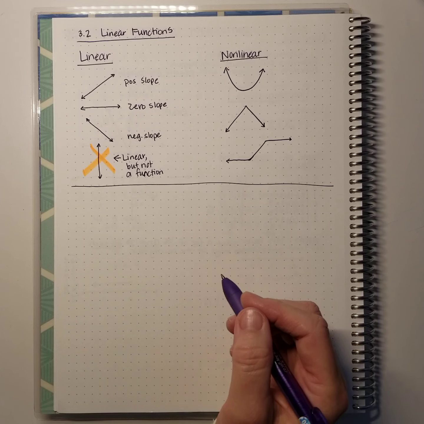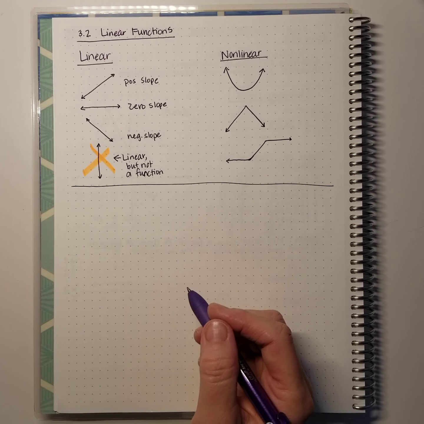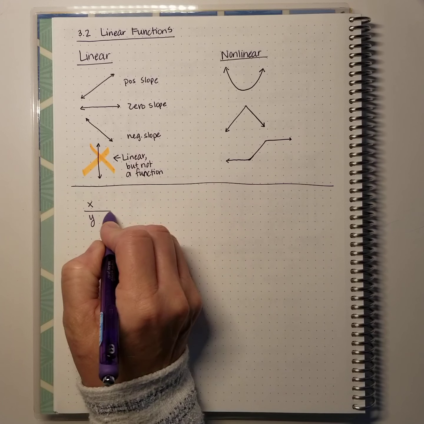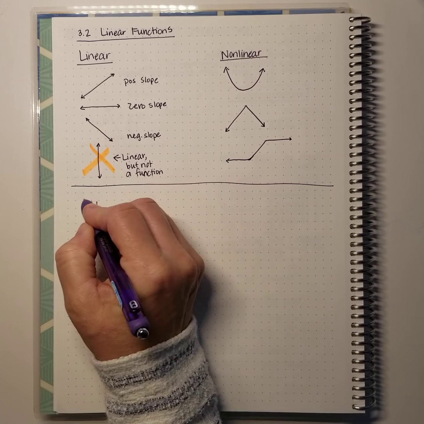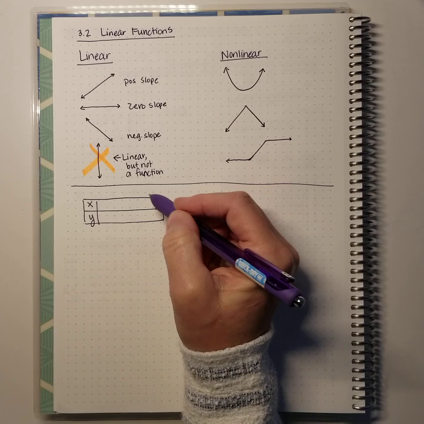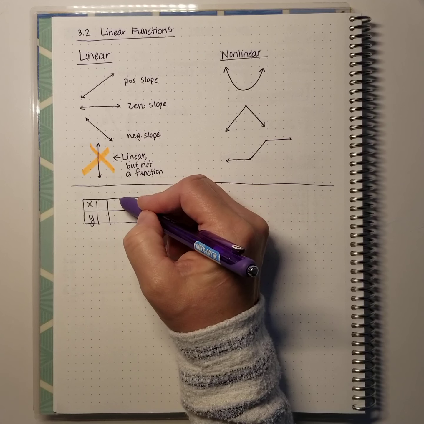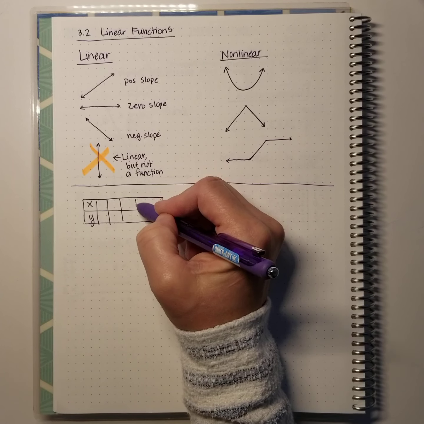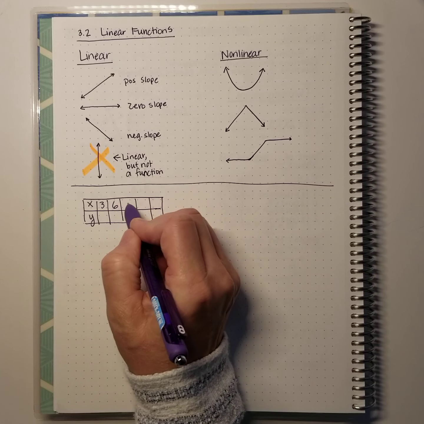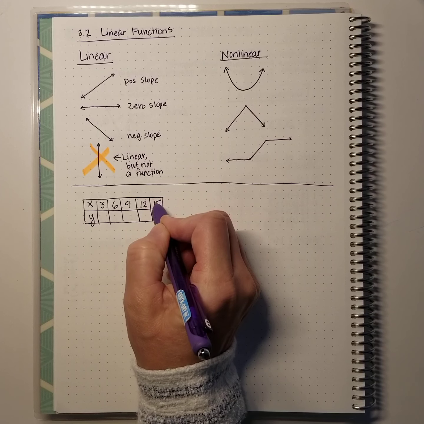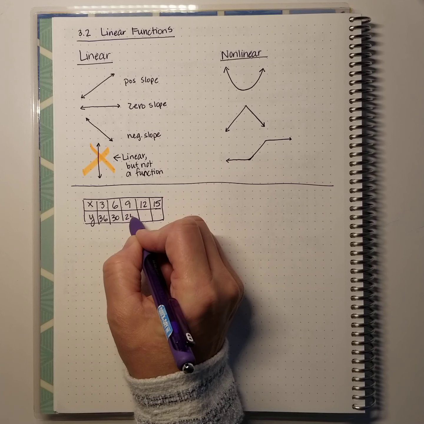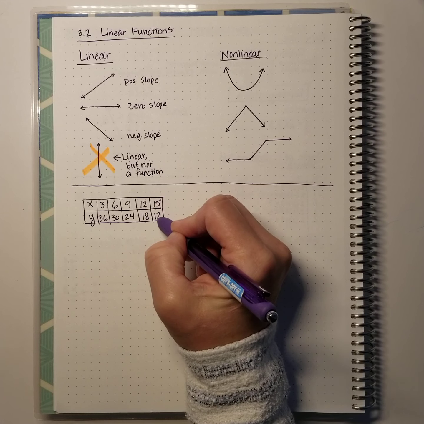In addition to graphs, you might have tables of values. Like if you had an XY table, and let's say you had 5 values for x, like 3, 6, 9, 12, and 15, and then you had 36, 30, 24, 18, and 12.